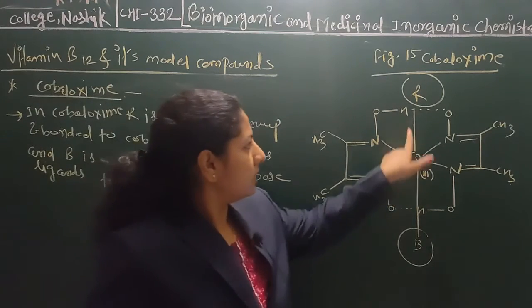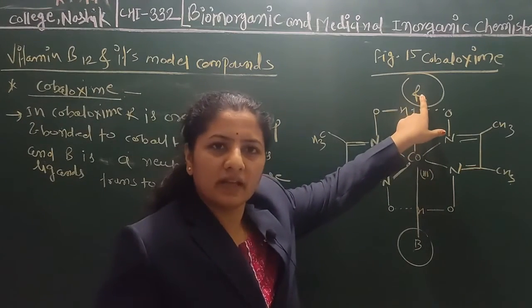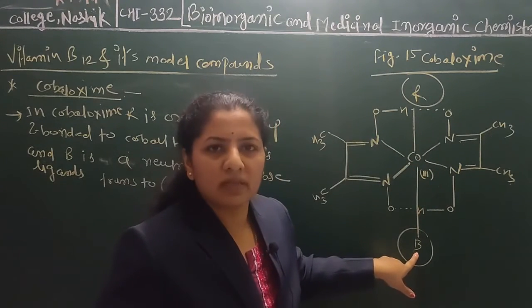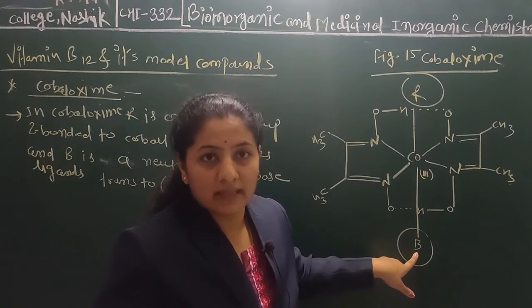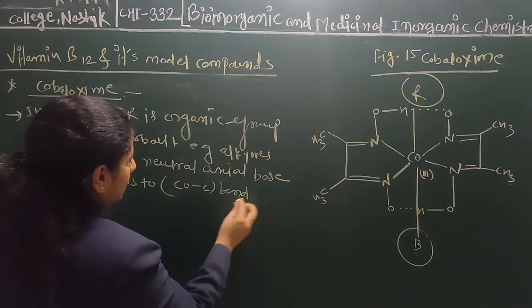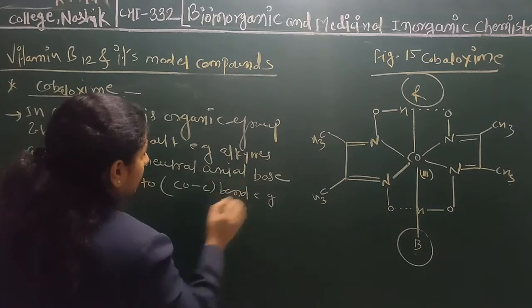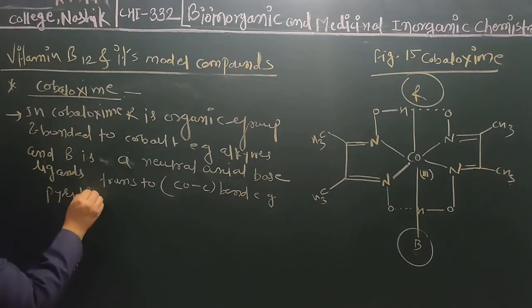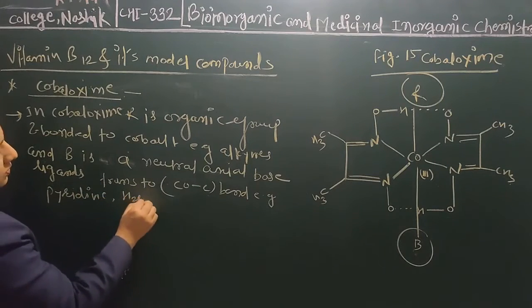That is, here there is an alkyl group, and this position is trans to it, so there is an active neutral axial ligand. For example, pyridine and H2O.